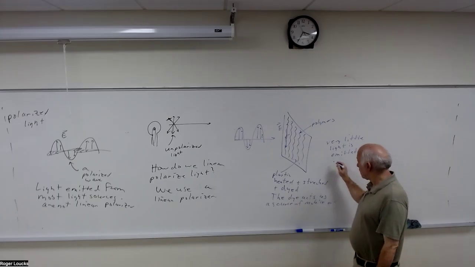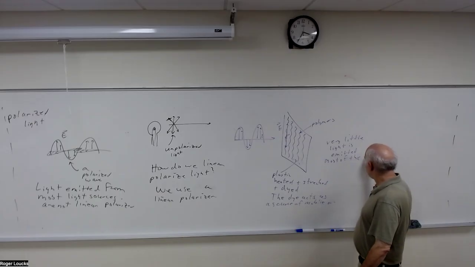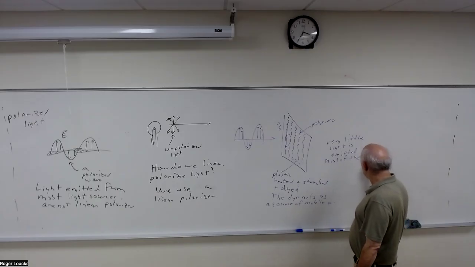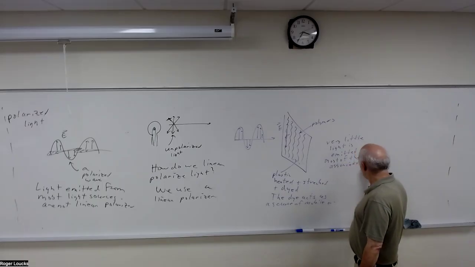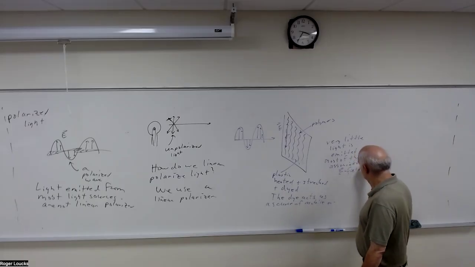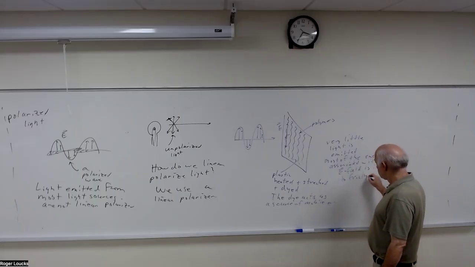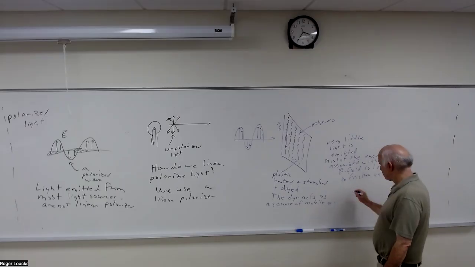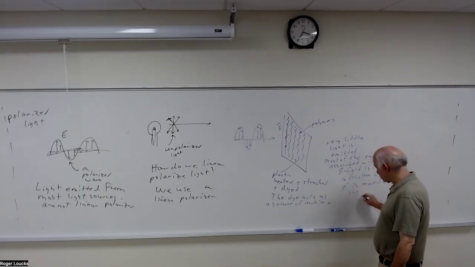Most of the energy associated with the E field is lost to friction as the electron is moved along the polymer chains.